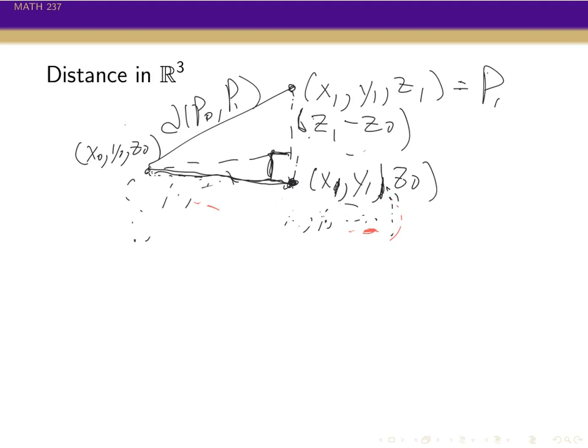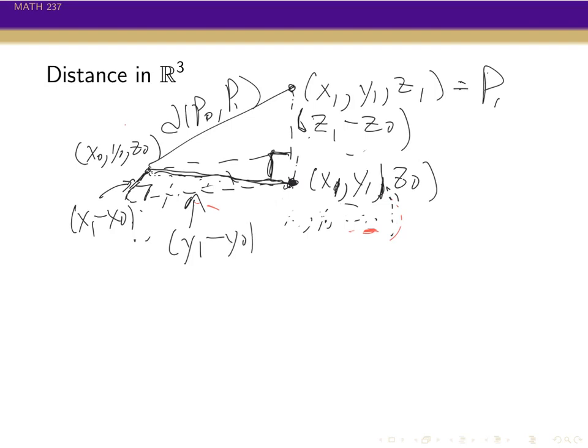Okay, and so what we can imagine is, how much does the x change, and then how much does the y change? And so that's going to be another right angle there. And so this length right here is x1 minus x naught. That length right there is y1 minus y naught.